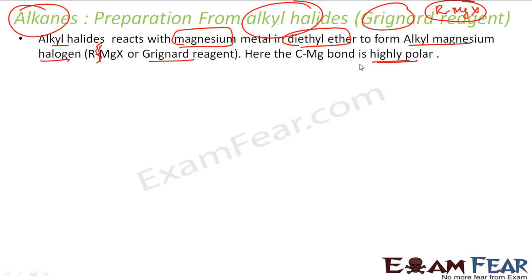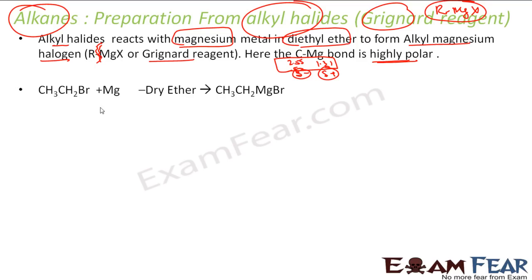Why is it broken easily? The electronegativity of carbon is 2.55 and for magnesium it is 1.31. So there is a huge difference in electronegativity, and that's why it's polar. Carbon will get a negative charge, and magnesium will get a positive charge. Correct?